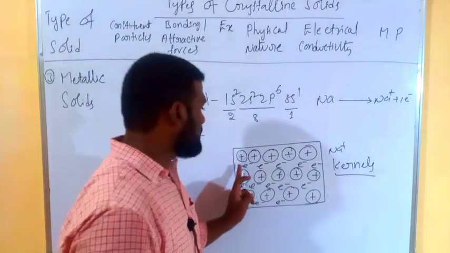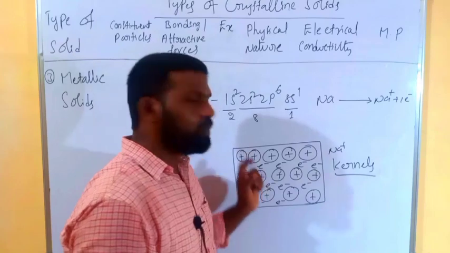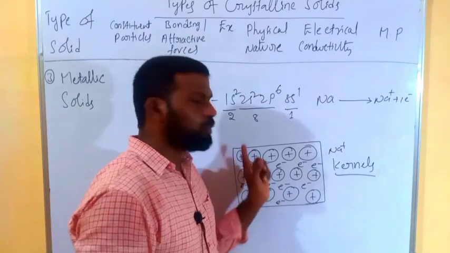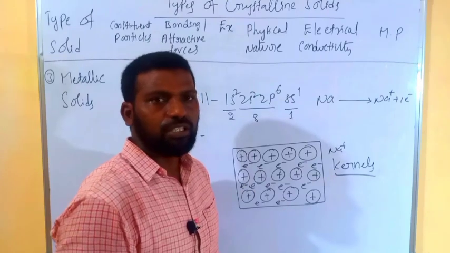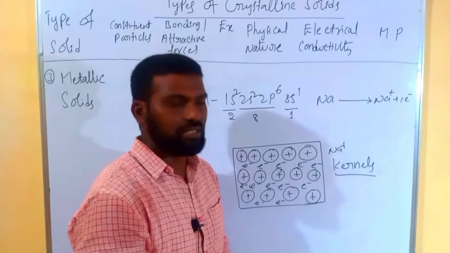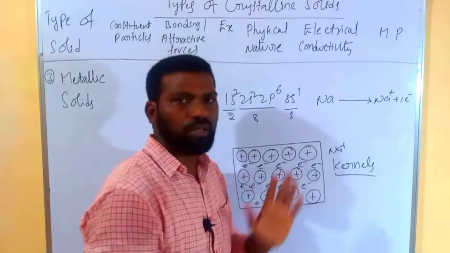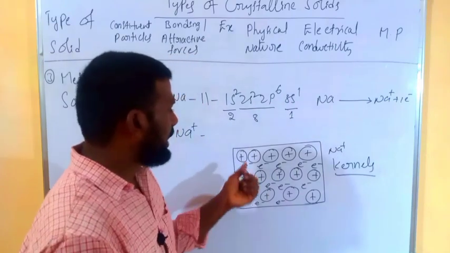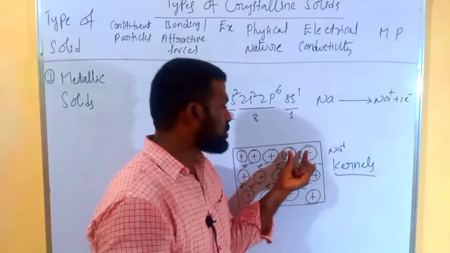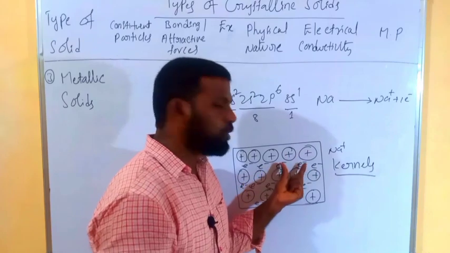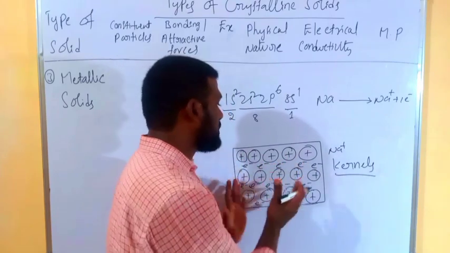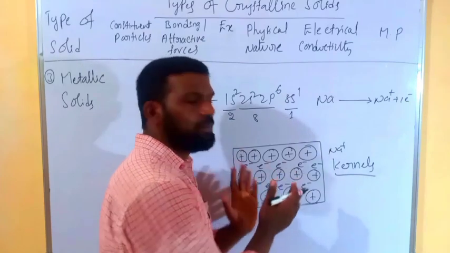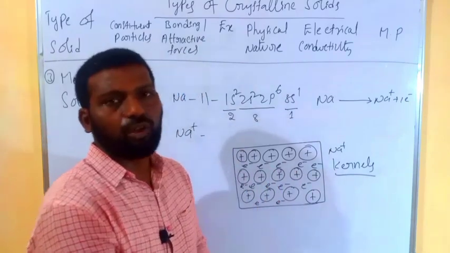Whereas the lost electrons can move from one cation to another, so their positions are not fixed. They are delocalized electrons. Due to attraction between the positively charged kernels and these delocalized electrons, a bond called the metallic bond is formed.